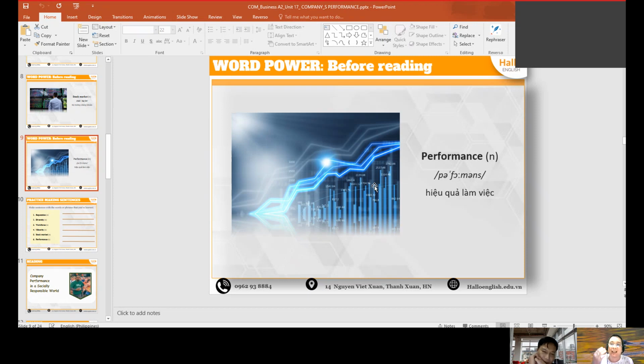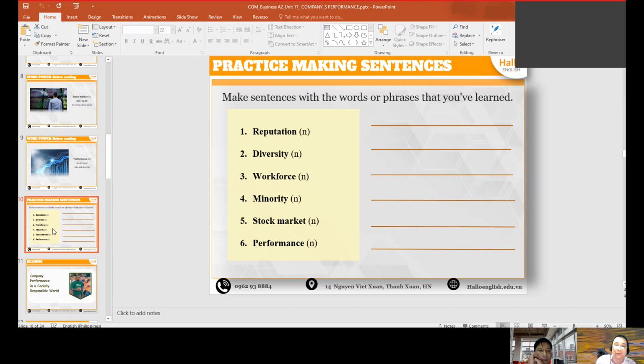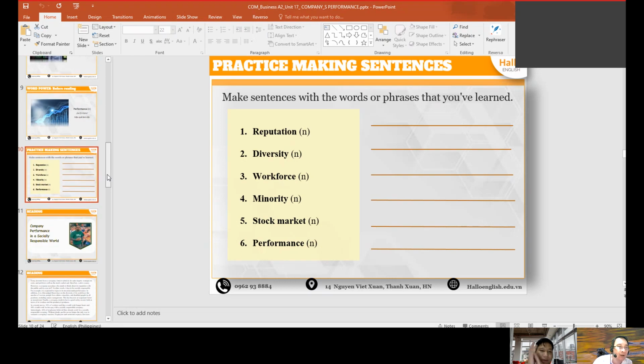You may also say that the performance of a certain company is going down if you see a falling line. So what are the different words or phrases we have just learned? Reputation, diversity, workforce, minority, stock market, and performance. Okay, so those would be our words.